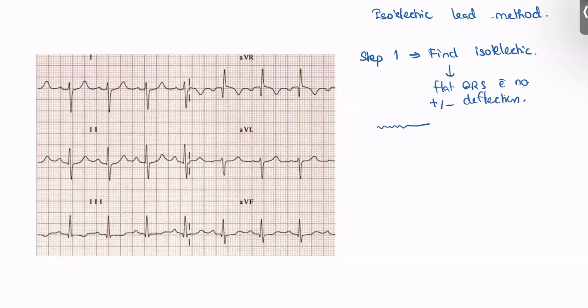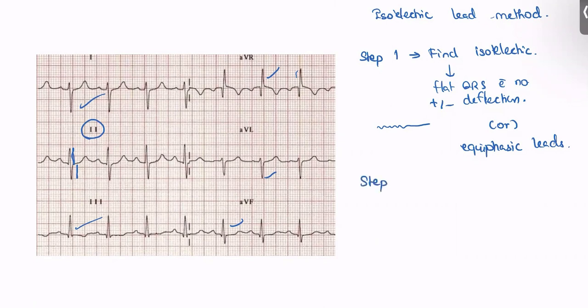Equiphasic lead means a similar length of positive and negative deflection. Here, one lead is more negative, another more positive, but in lead 2 the length of positive and negative deflection is almost the same. So it is lead 2 in this case.